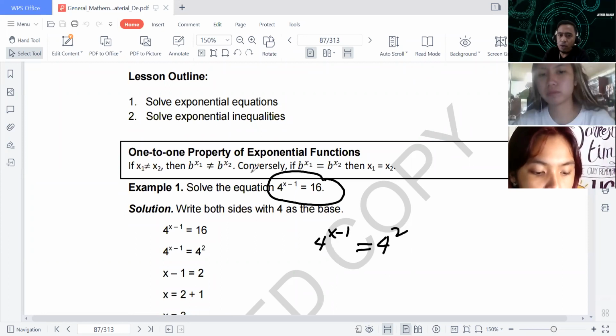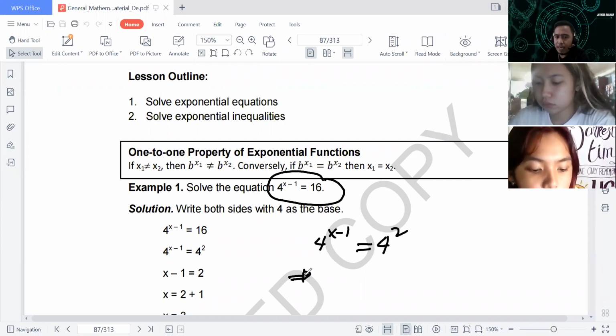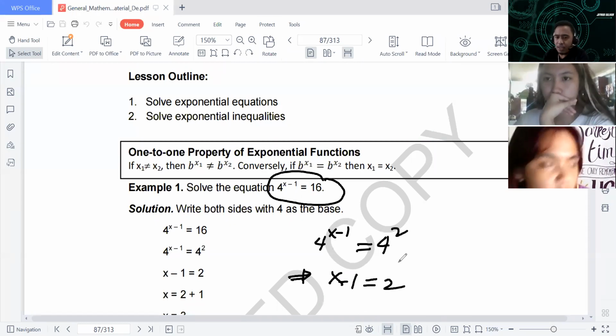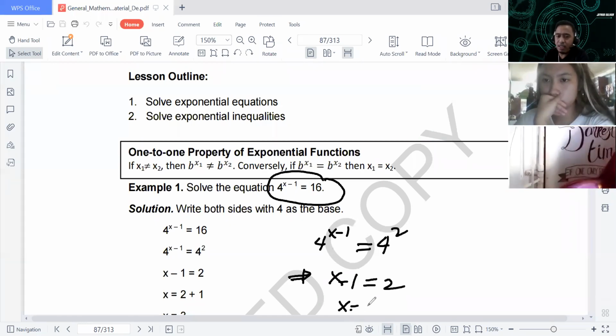So from the one-to-one property of exponential equations, since they have the same base, you can equate the exponents. Okay? And then after that, you can transfer 1 to the other side, x is equal to 3.